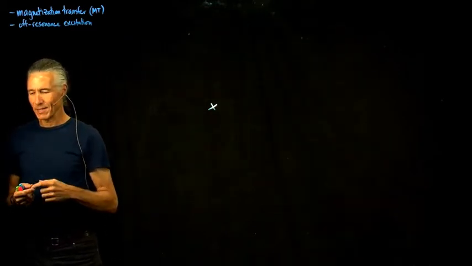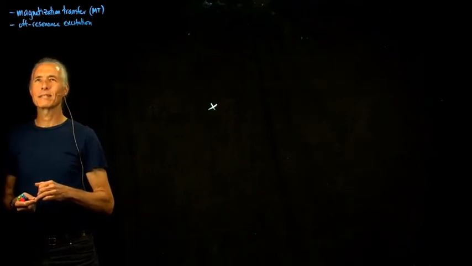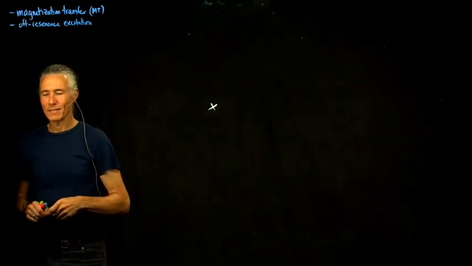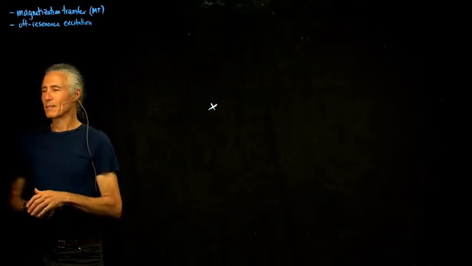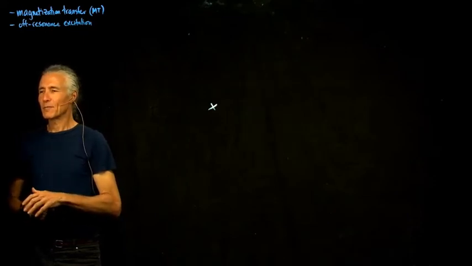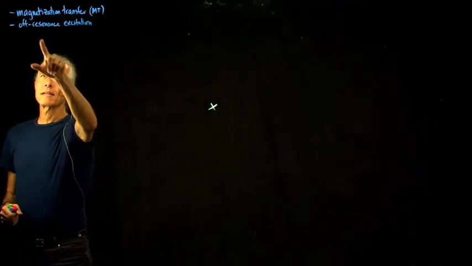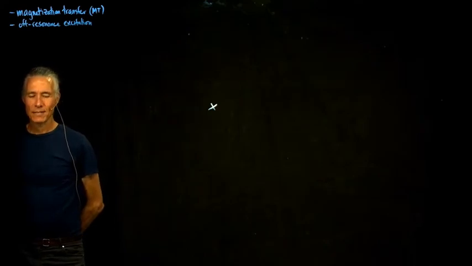So you can have a T2 weighted scan or a T1 weighted scan or a proton density weighted scan, but you can also have a magnetization transfer weighted scan. So we'll go over that briefly just to get some general idea of what it is. And then in the second half I'll talk about off-resonance excitation.